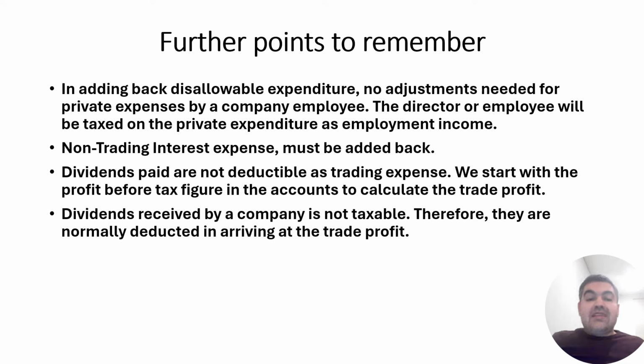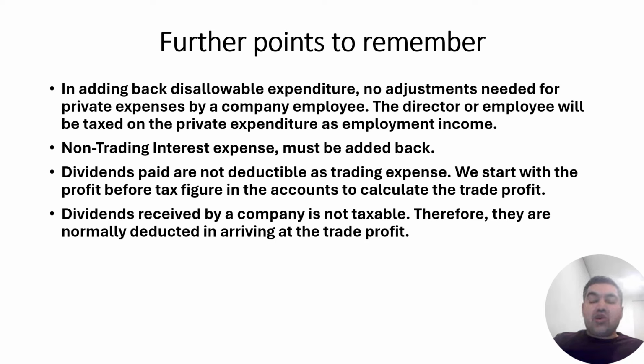Also remember, in adding back disallowable expenditure, no adjustment is needed for private expenses by a company employee. Director or employee will be taxed on private expenditure as employment income. For example, if a company provides a car to an employee, and that car has private usage and it's costing the company like £10,000 a year, the company can claim full deduction.